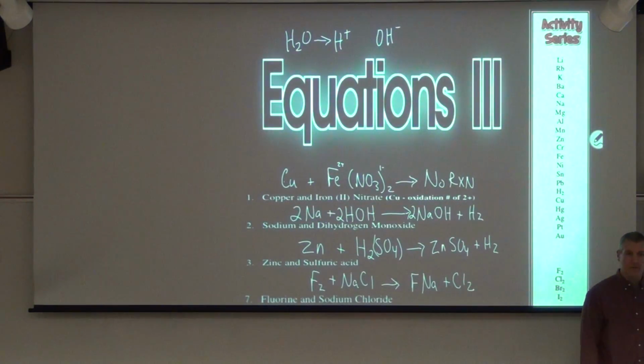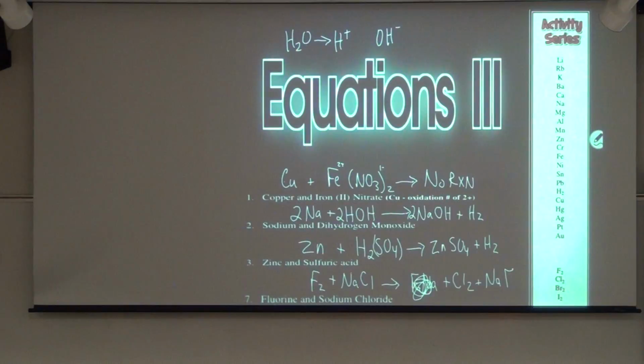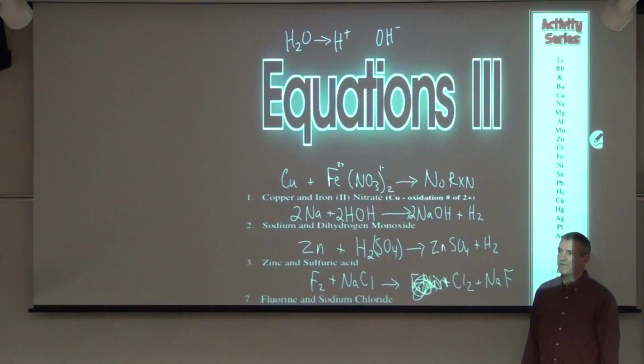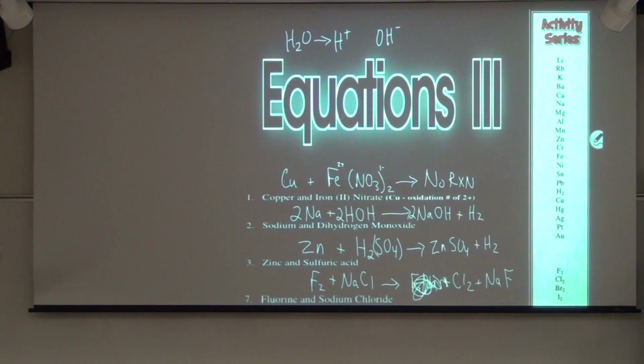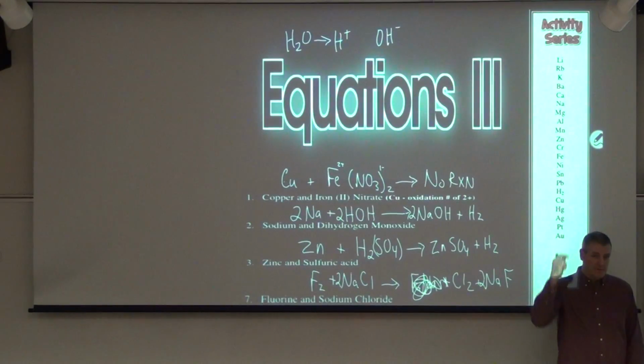Don't write FNa, because when we write our chemical formulas, we always write our positive ions first. Metals first, then your nonmetals. And again, chlorine is diatomic, so that's going to become Cl2, which means that we need two chlorines over here, which means we need two sodiums over there.